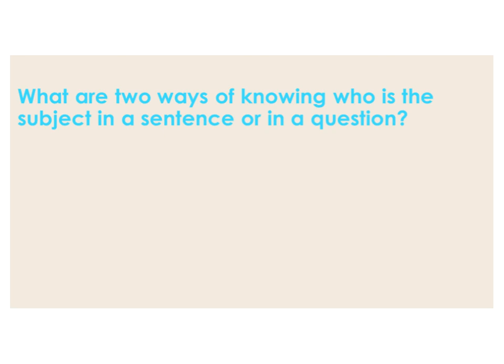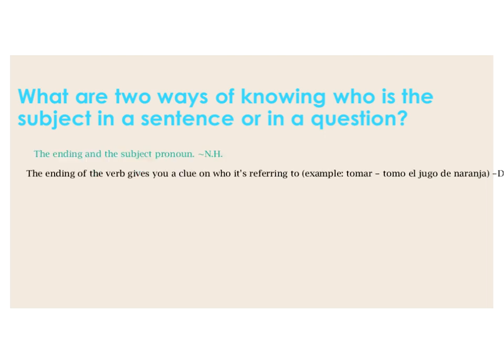So, what are 2 ways of knowing? Give me an example. You've seen a couple of examples in today's lesson. The ending and the subject pronoun. Can you give me an example? The ending of the verb gives you a clue who it's referring to. The ending of a verb as well as the subject pronoun.